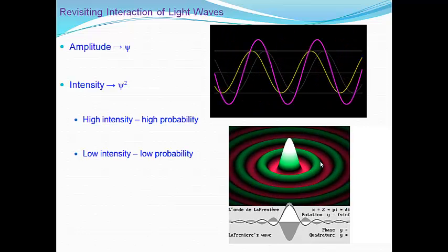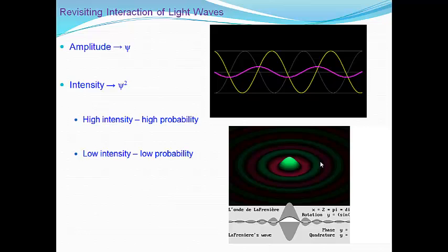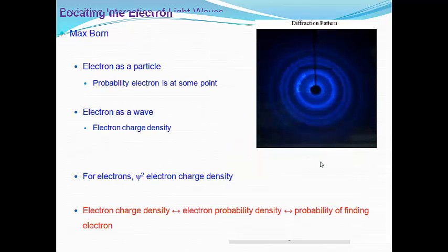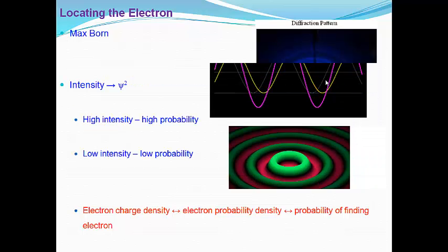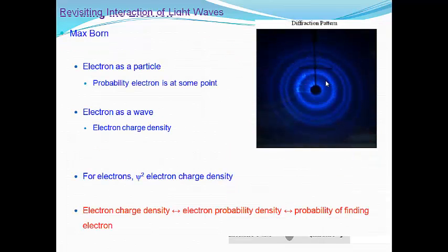And so if we take this analogy of the interaction of light waves and relate it to the diffraction of electrons, in a diffraction pattern from the diffraction of electrons, we have areas of bright lines, bright bands, bright circles. That is telling us that the waves that cause that constructive interference come from a high probability of interaction.